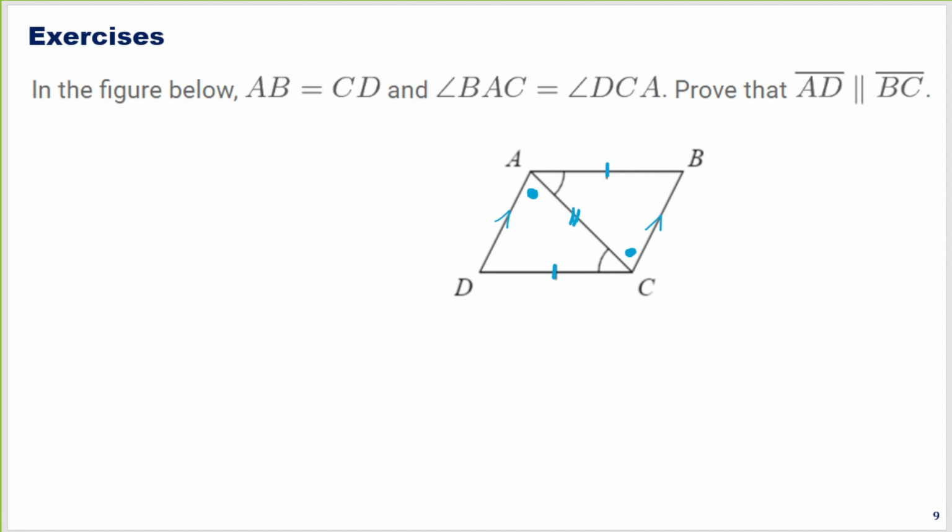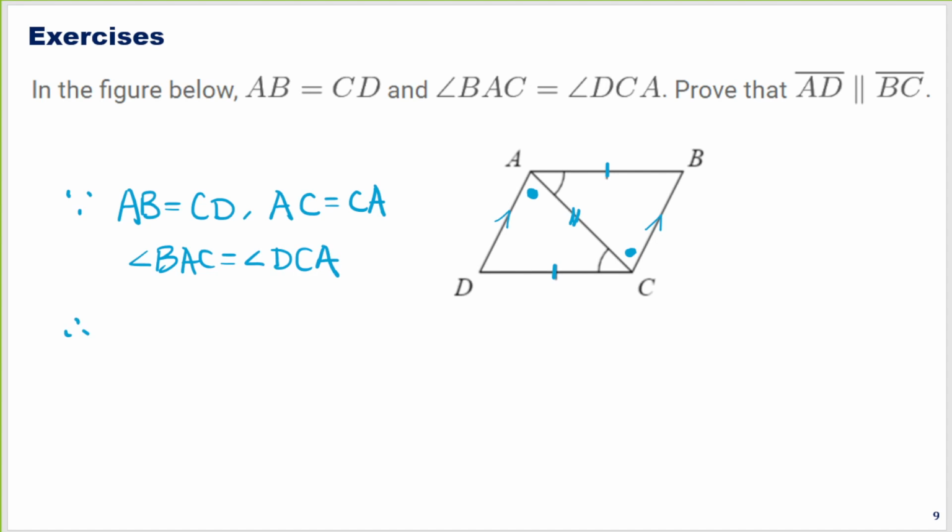So how do you write that? To write that in mathematical language, you need to do it like this. First of all, because AB equals CD, AC equals CA, and angle BAC equals angle DCA, we have triangle ABC is congruent with triangle CDA, right?